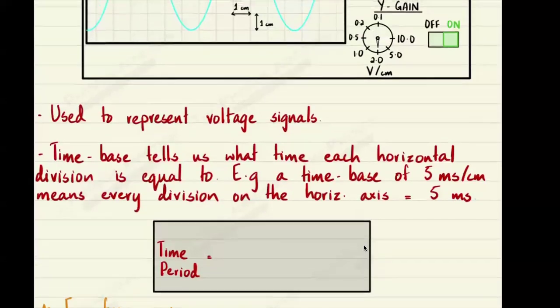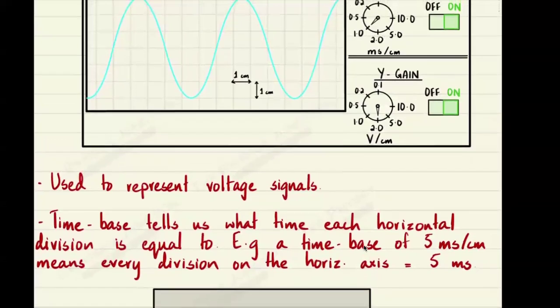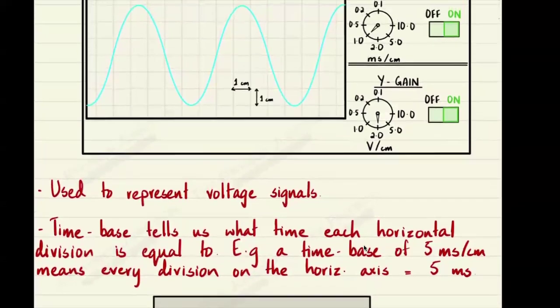And because I've studied waves and because I've studied AC signals as well. So for example, two, three, four, five, six divisions. So if I know that each division is equal to 5 milliseconds, I would just multiply by the number of divisions to get the total time period.